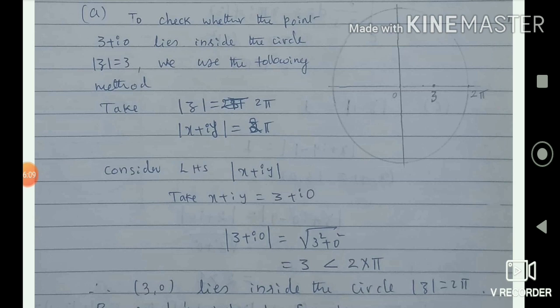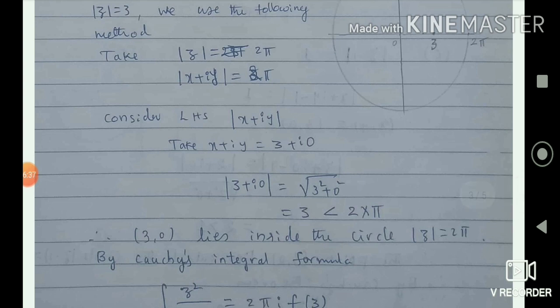So mod of 3 plus i0 means it is the real part square plus the imaginary part square, and the square root. Real part is 3 the square plus the imaginary part 0 the square, its square root is 3 only, and 3 is less than 2 into pi, because 2 into pi gives you around 6.2 something.